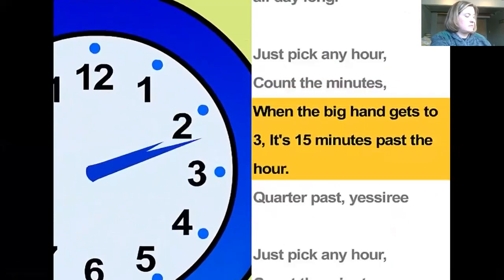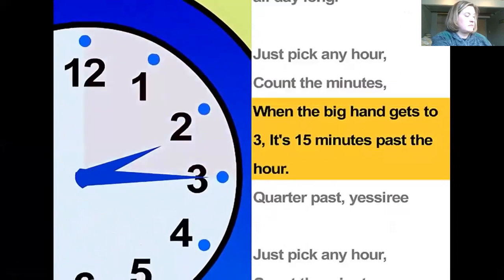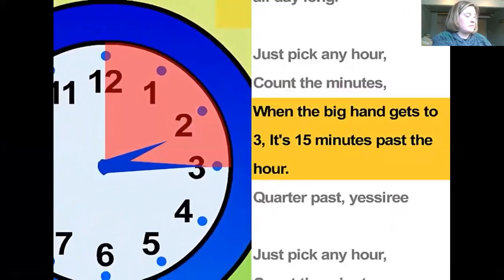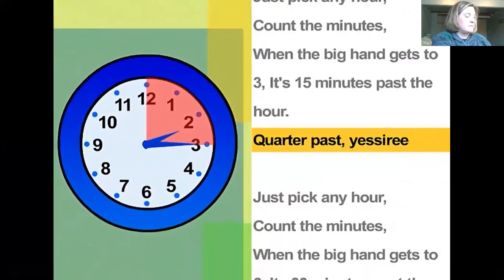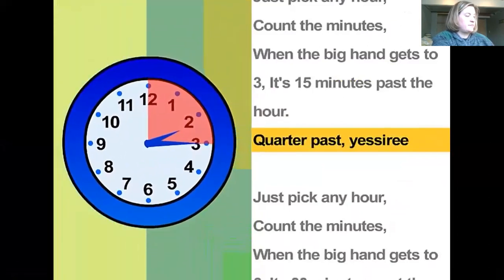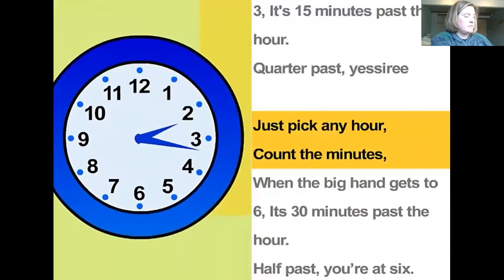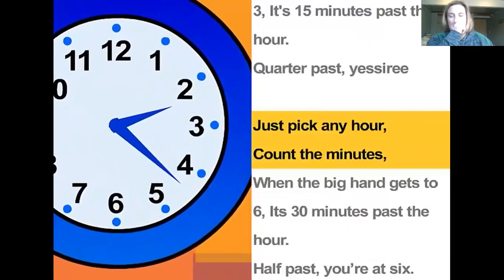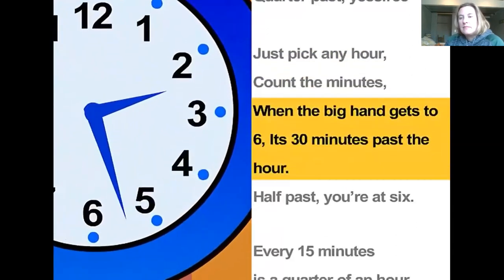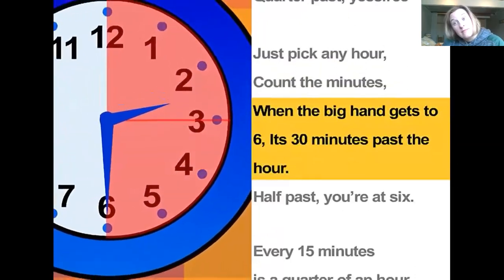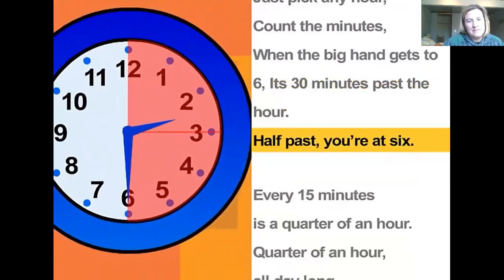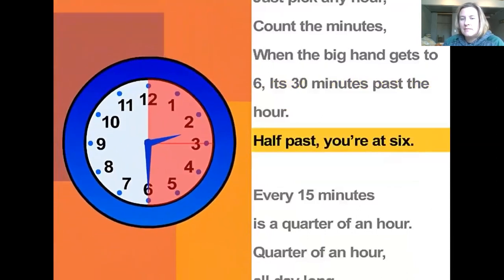When the big hand gets to 3, it's 15 minutes past the hour, quarter past. Just pick any hour, count the minutes. When the big hand gets to 6, it's 30 minutes past the hour, half past.